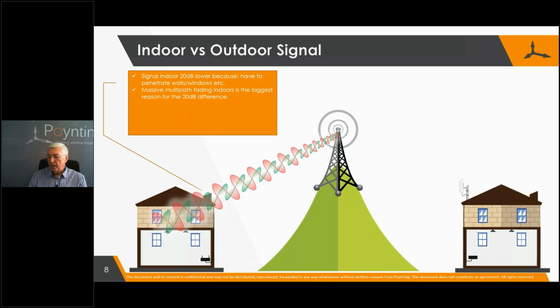So inside the building, if you look there, you can see some reflections. Now, remember that the router that's inside, or the router, as you say in America, needs to transmit back to the tower as well. We've got upload and download. So the reflections inside actually contribute to the inability, so to speak, to penetrate the walls back to the tower.